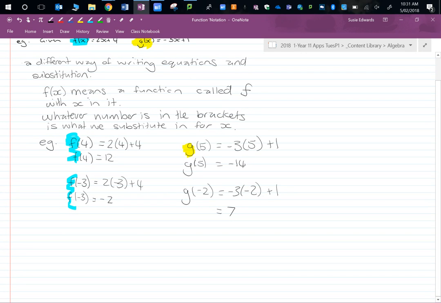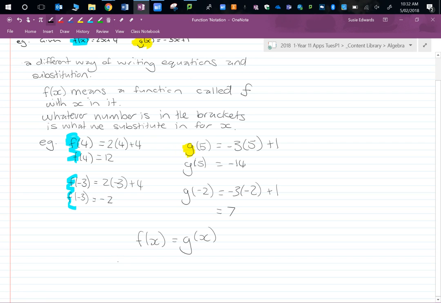So what do you think we would have to write if I wrote f of x equals g of x? Good. You write the equation of f with x as x, equals the equation of g with x as x in there too.